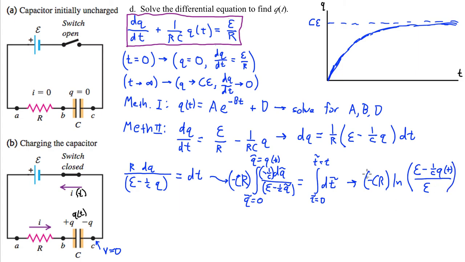So that's going to be the left-hand side, and that is going to equal just t minus 0.